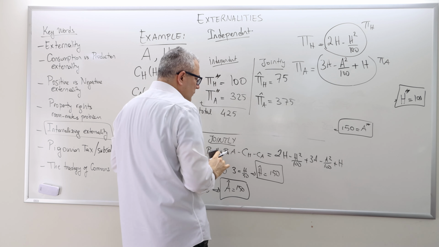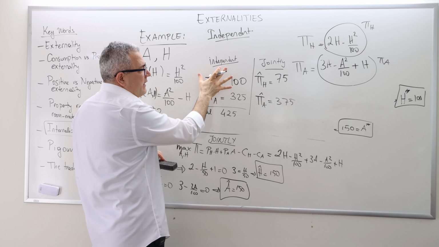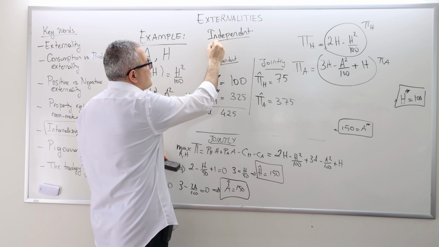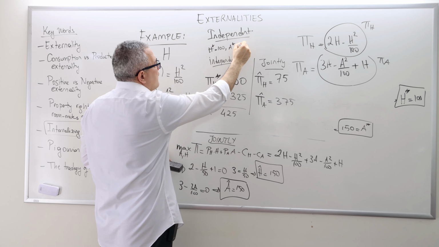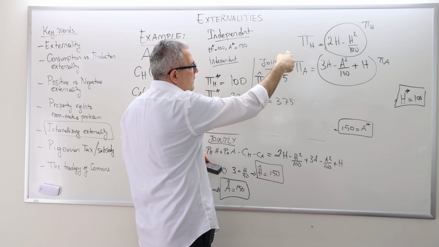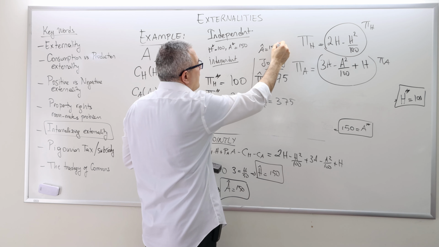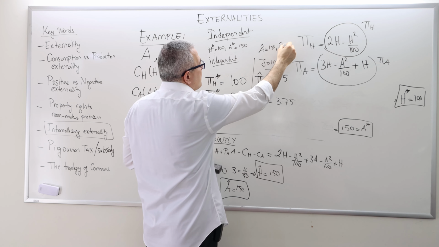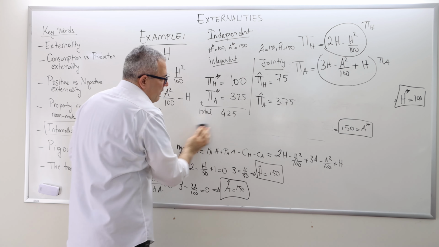Yes. Okay, so once again, if they are acting independently, H star equals 100 and A star equals 150. And if they are acting jointly, A hat is 150 and H hat is equal to 150. So we kind of summarized everything here.